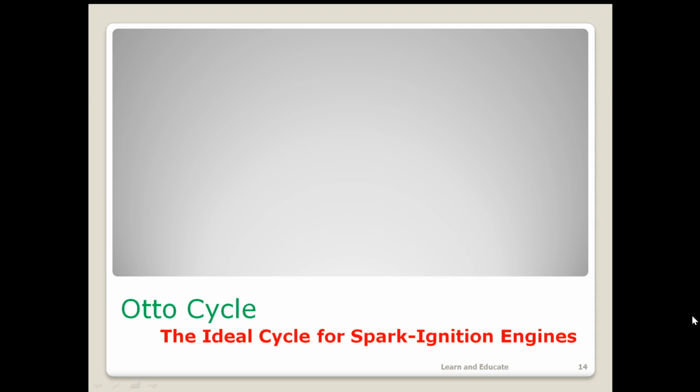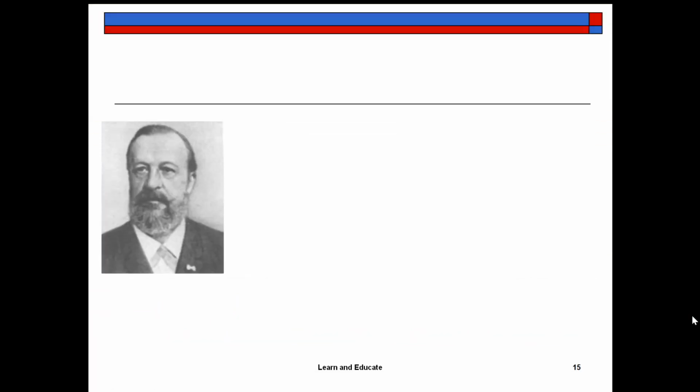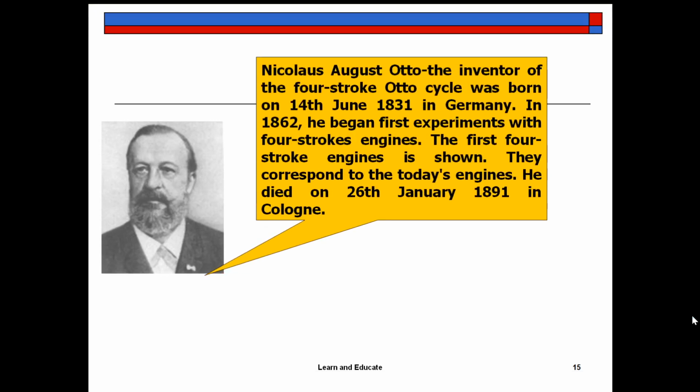Okay, so Otto cycle, the ideal cycle for spark ignition engines. So you can see the Nicolaus August Otto here. He is the one behind the revolution of spark ignition engines and the cycle behind that. Nicolaus August Otto, the inventor of the four-stroke Otto cycle, was born 14th June 1831 in Germany.